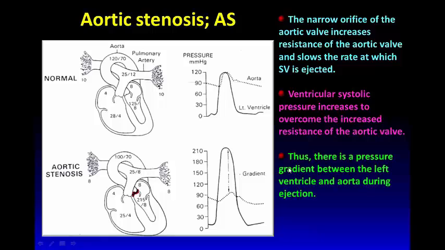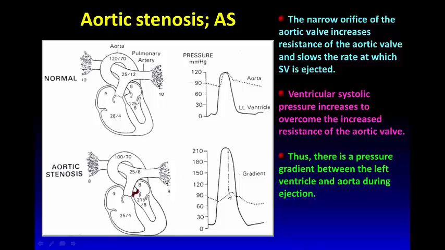So as a result of aortic stenosis and the increased resistance of the aortic valve and the harder work of the left ventricle, a pressure gradient is detected between the left ventricle and the aorta when the stenotic aortic valve is open during the ejection phase of the cardiac cycle.